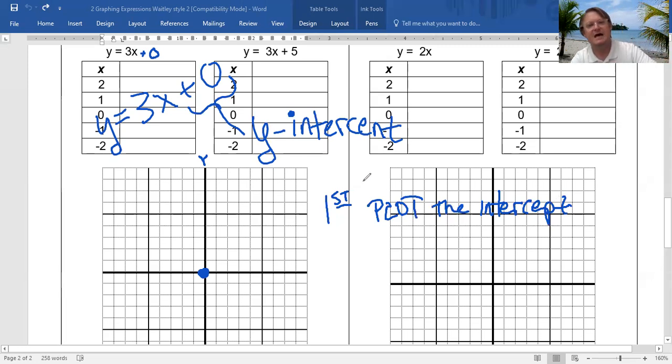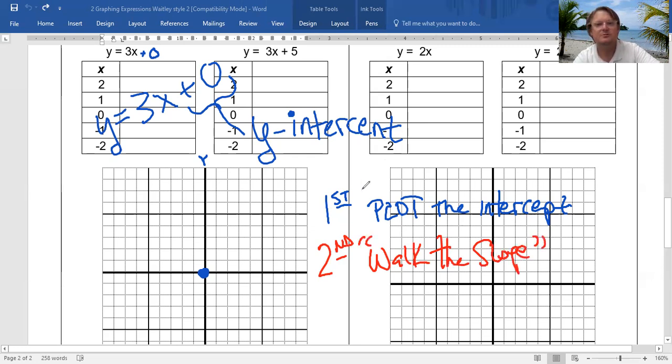That's all. Okay? Now, the next step, I'll use red for this. The second step is what I'm going to call walk the slope. Okay? Because you're mine. I walk the slope. Now, the slope of the line in this equation is always found right in front of the x variable, in front.